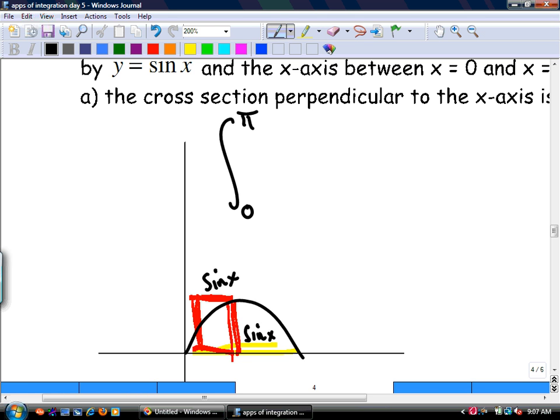So the area of a square is length times width. So sine x times sine x, or sine x minus 0 times sine x minus 0, dx.